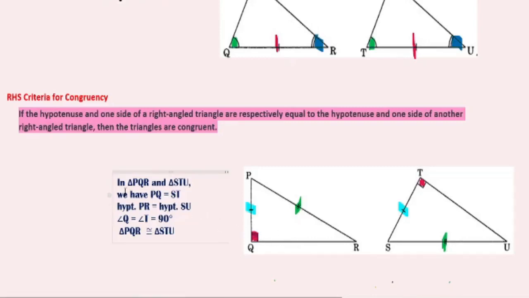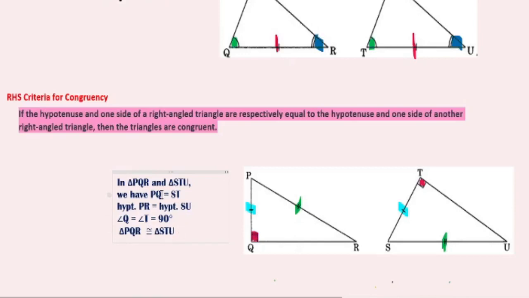So here you can write in triangle PQR and triangle STU, PQ equal to ST, and hypotenuse PR equal to hypotenuse SU, and angle Q equal to angle T equal to 90 degree. So by RHS congruence condition we can write triangle PQR is congruent to triangle STU.